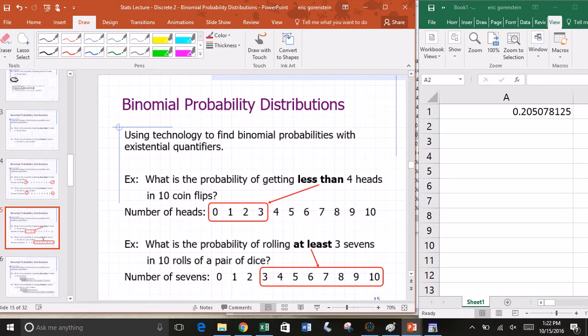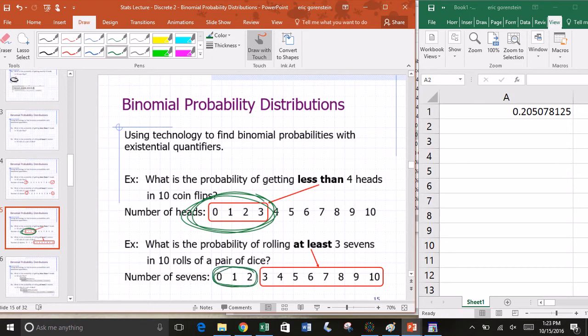Now, Excel only works to the left, cumulative from 0. So Excel can calculate this probability directly, but it cannot calculate the at least 3. So to calculate at least 3, you would have to calculate this on Excel.